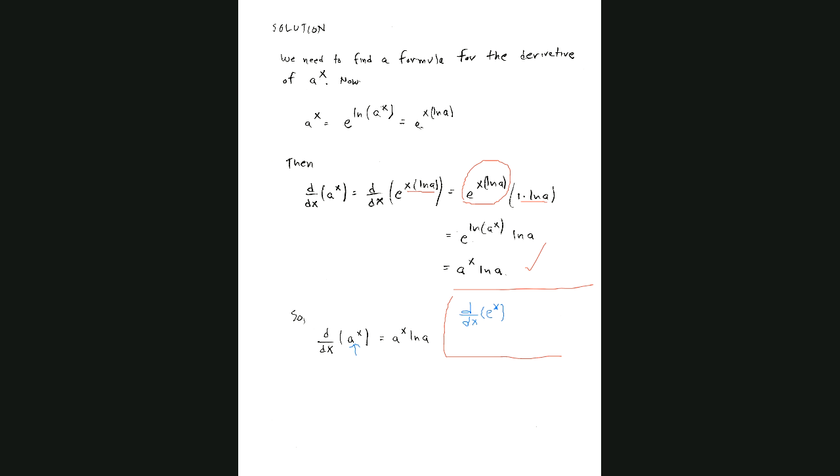Well, if we apply the formula, we're going to get e to the x times the log of e. But what is the log of e? 1. So you get e to the x, as you should get. So this formula here is a general formula for the derivative of an exponential function.